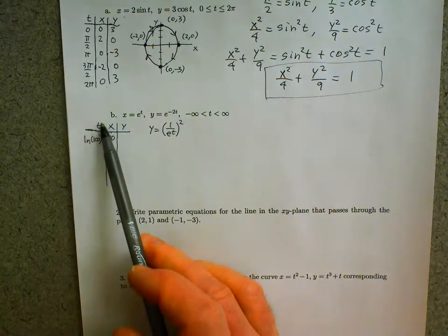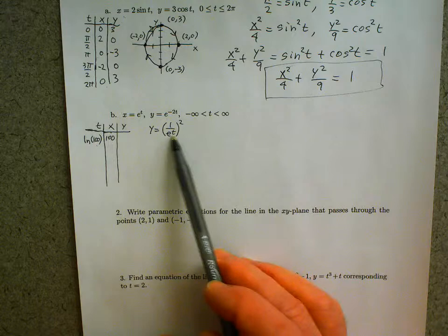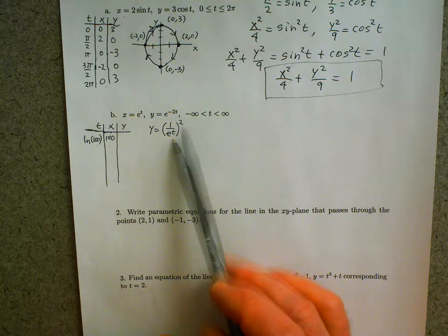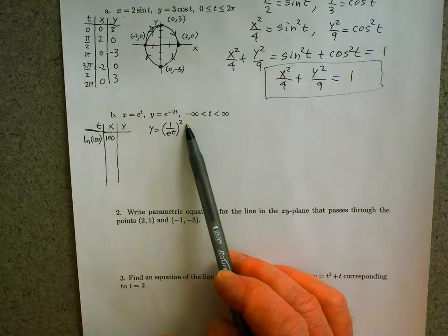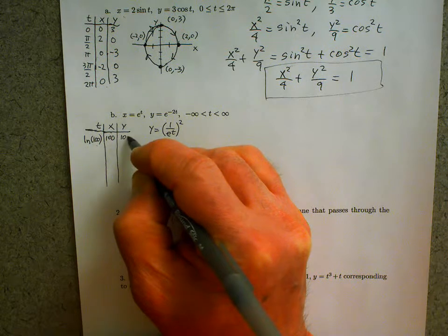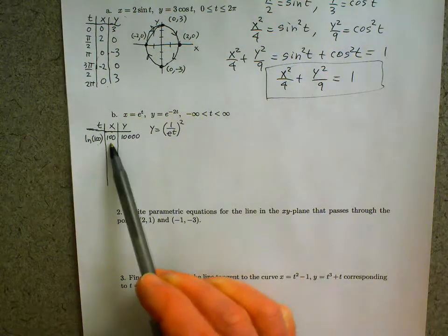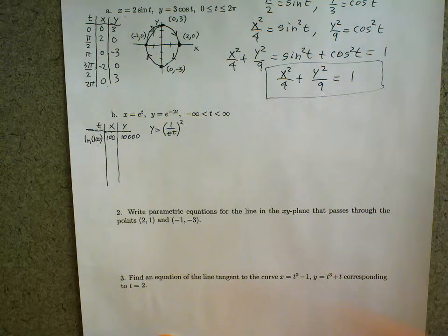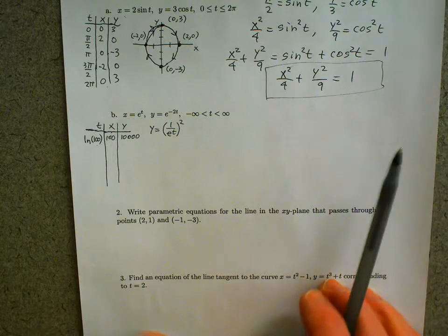And then if t is the natural log of 100, the y value is 1 over 100 squared, which is 10,000. So this point will be off the grid. But it's okay.